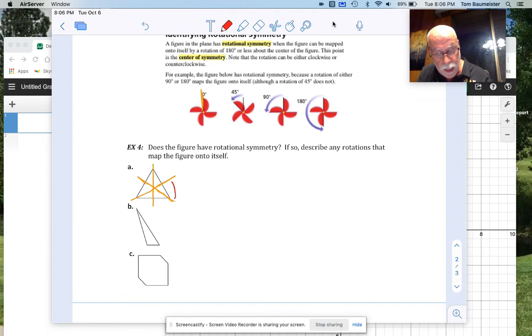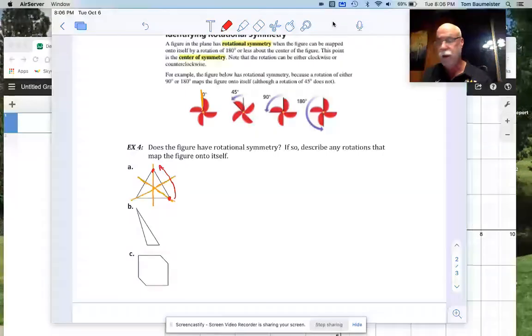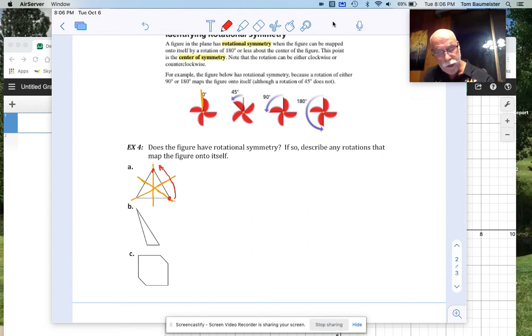But if I rotate it all the way to here, then this point right here is now at this point here. So I can go again this way here. If I do that, my point that was there is now there, and then finally I can do this, and I get back to my original point.